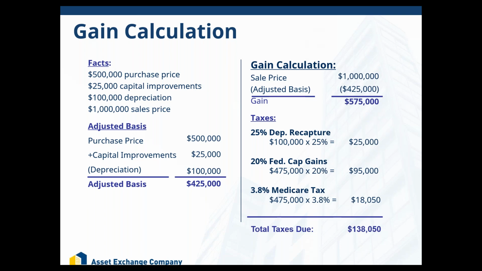Over the lifetime that we owned the property, we added $25,000 worth of capital improvements to it. Now, we took some depreciation, all right? For the lifetime we owned the property, we took $100,000 worth of depreciation. Now, we're going to sell the property for $1 million.